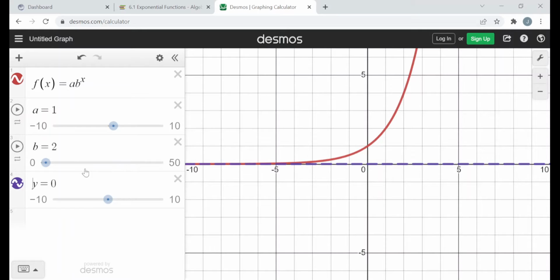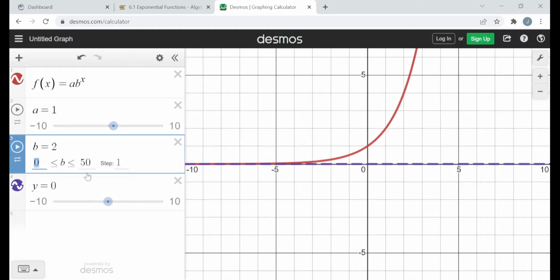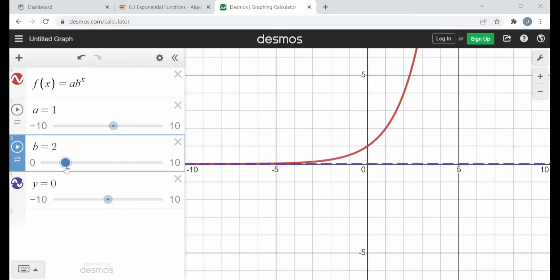And in fact, let me change this up again. Let's go 0 to 10 and have it go by tenths or something. In fact, what you're going to see is that when b is bigger than 1, when the base is bigger than 1, and also a is positive, you have an increasing function.